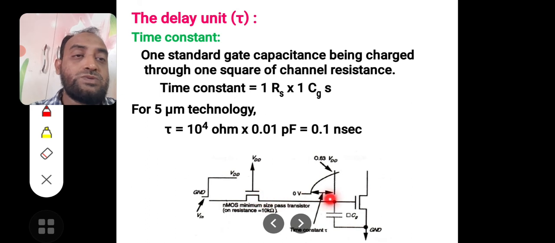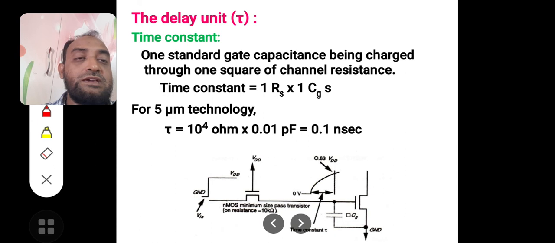That is passed through the next transistor after a delay of 0.1 nanoseconds, when the output has reached 0.63, which is 63% of the complete output. The time taken to make the output high is the delay.